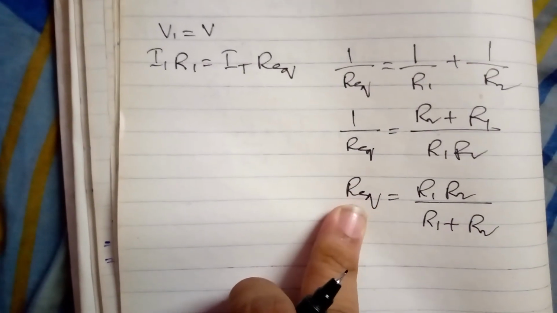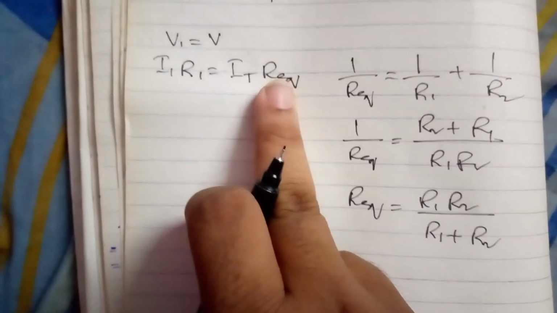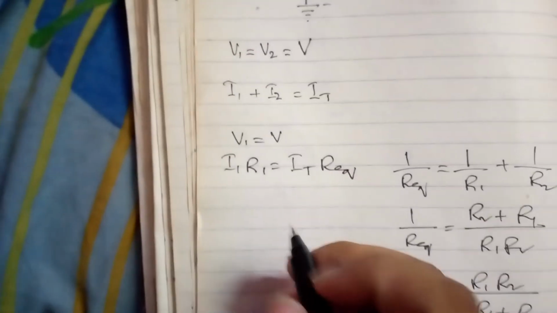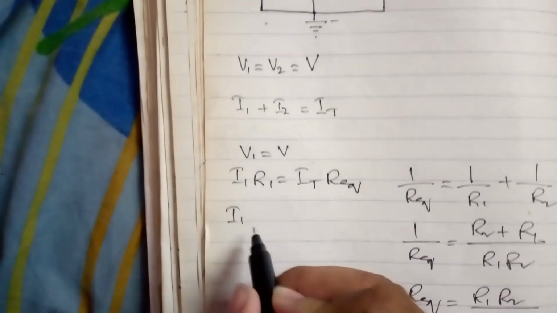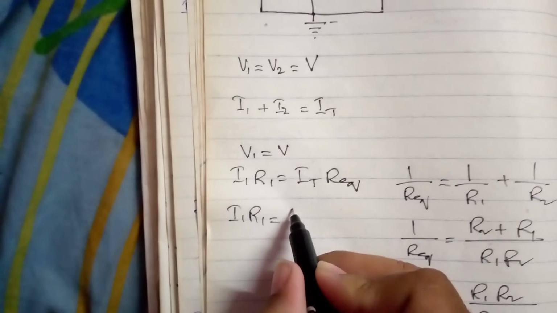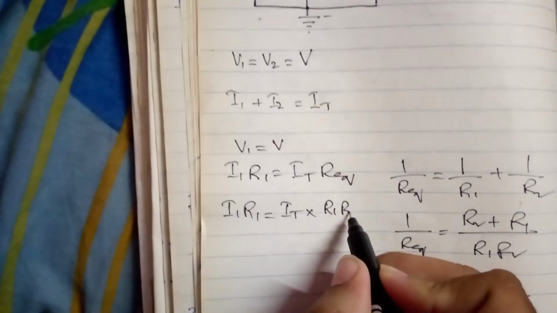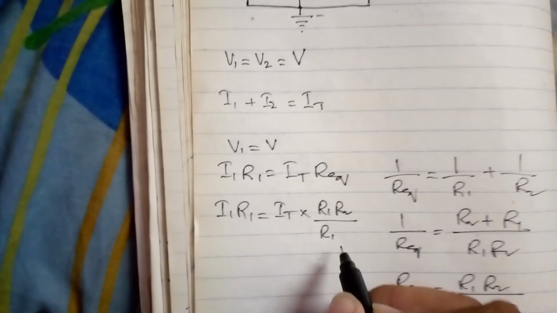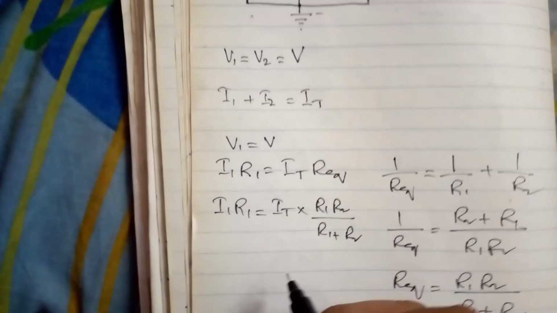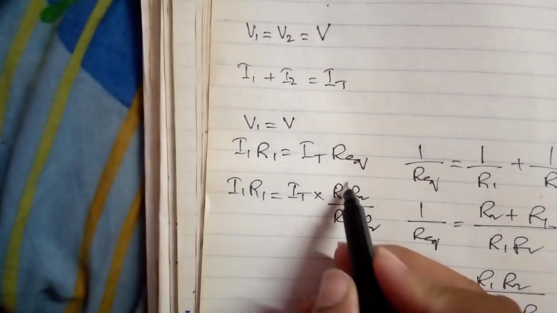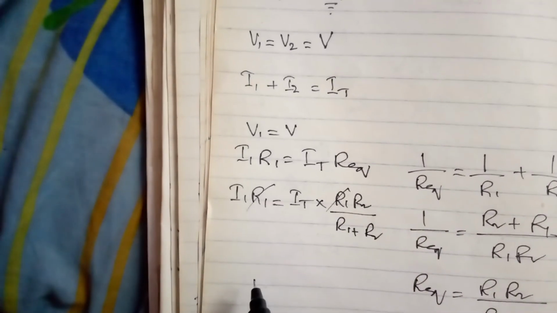Put this formula of equivalent resistance here. So I1 R1 will be equal to IT multiplied by R1 R2 upon R1 plus R2. R1 will be cancelled by R1.